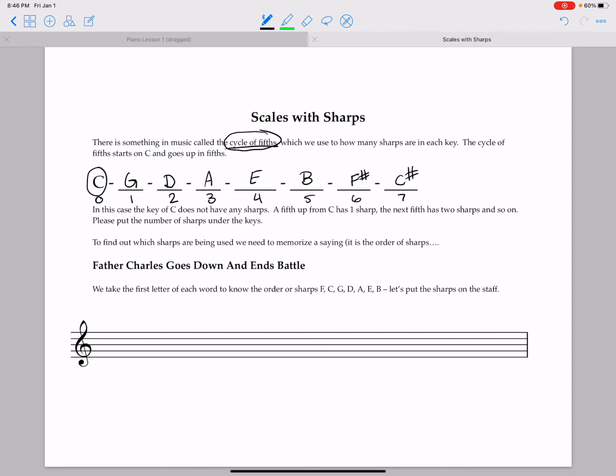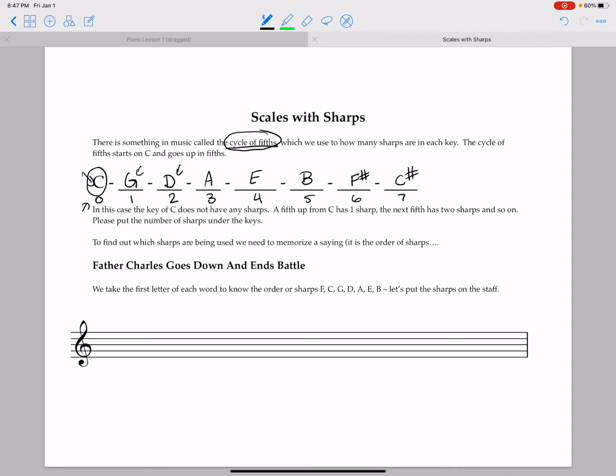That will help us later on because that will tell us how many sharps are in each of the keys. For example, in the key of C major, there are 0 sharps. In the key of G major, there is 1 sharp. In the key of D major, there are 2 sharps, and so on.